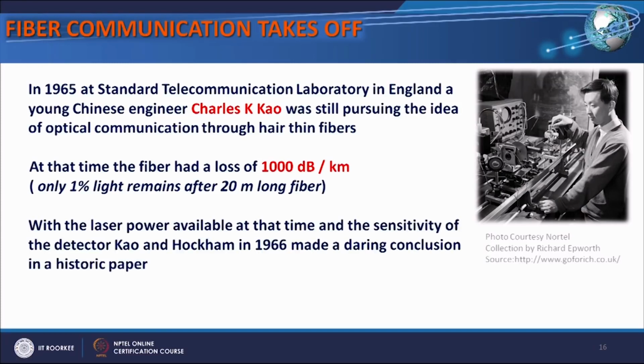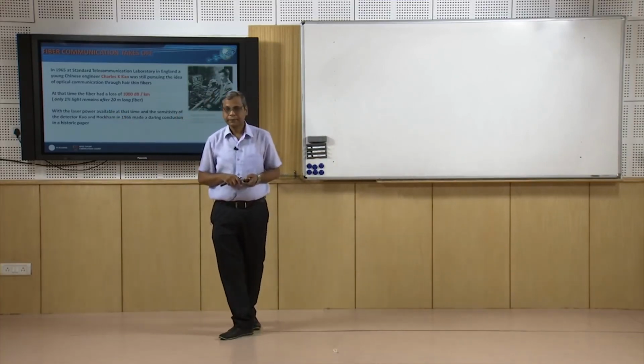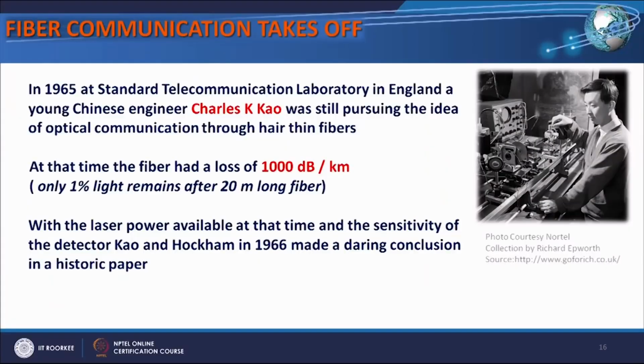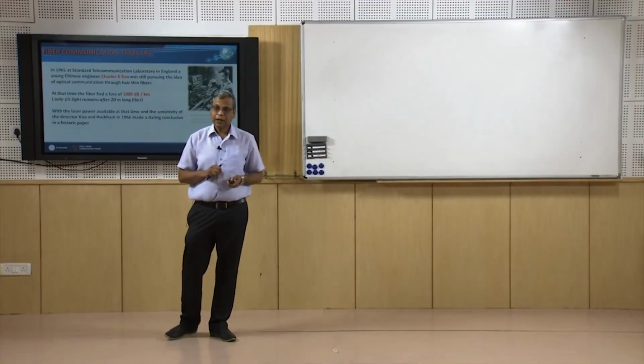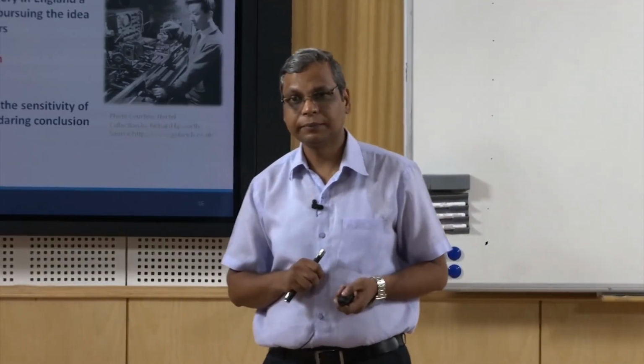Charles Kao and George Hockham very carefully studied everything that was available at that time, the lasers and their power available at that time, the detectors and the sensitivity of detectors, what is the weakest level of light intensity or light power the detectors could detect, and the fiber itself, how fiber is made, what are the sources of losses in optical fiber.